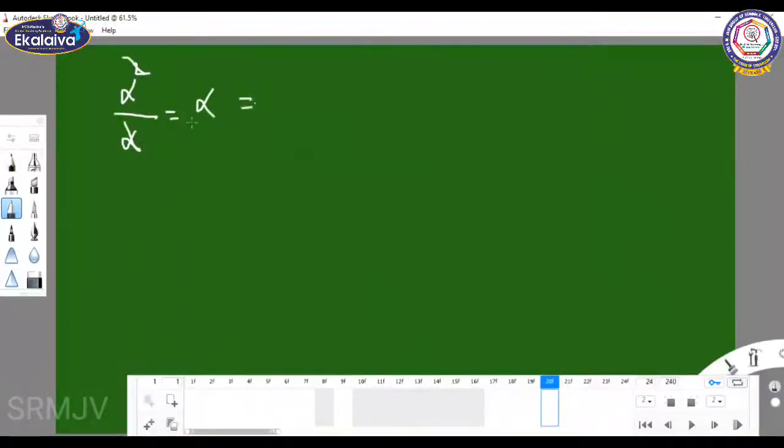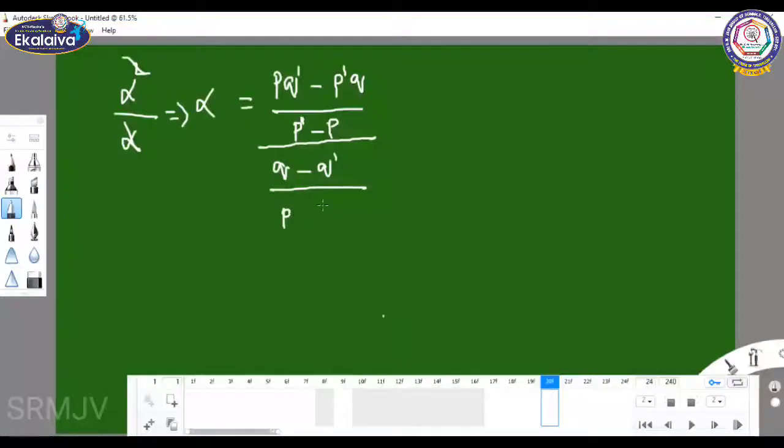Alpha square is P Q dash minus P dash Q by p dash minus p, and alpha value is q minus q dash by p dash minus p.